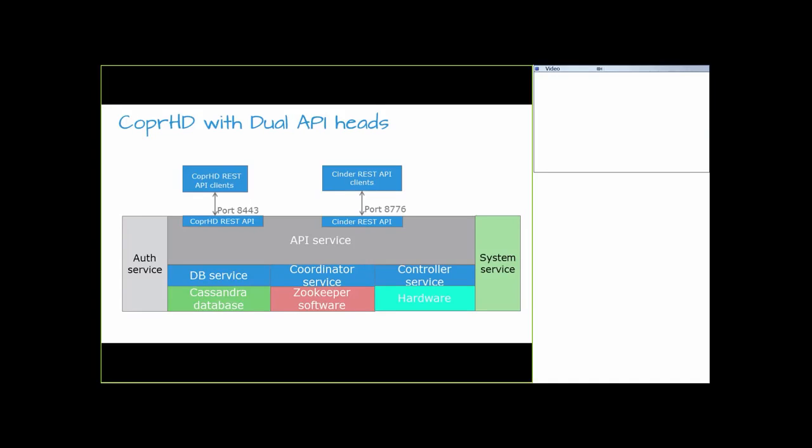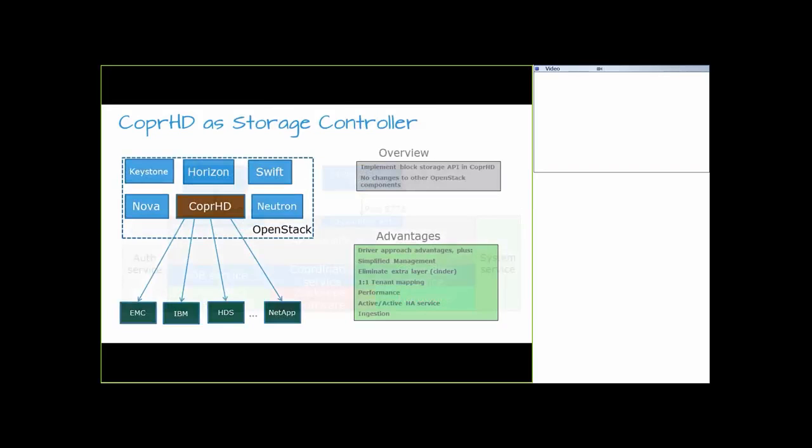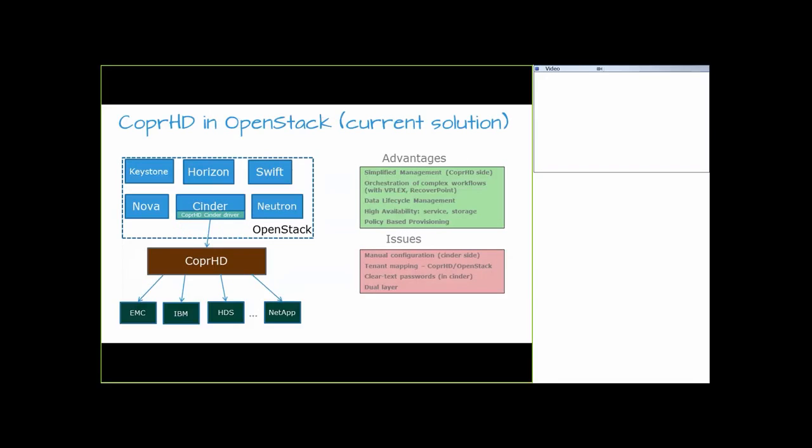And with this, the other advantage is that because now we are at a REST API layer, we are part of the services here, and we also have full access to Keystone. In the previous approach, because we are a driver and we are out of the box, we had no access to Keystone.